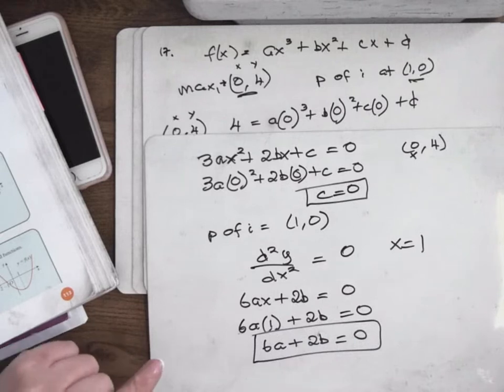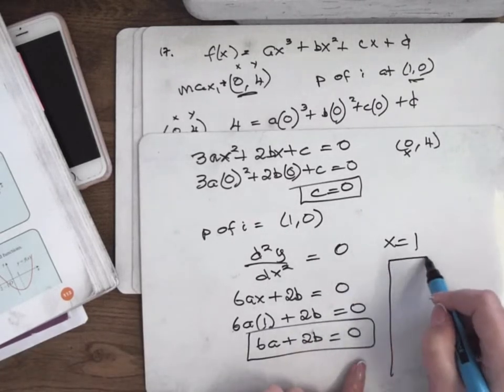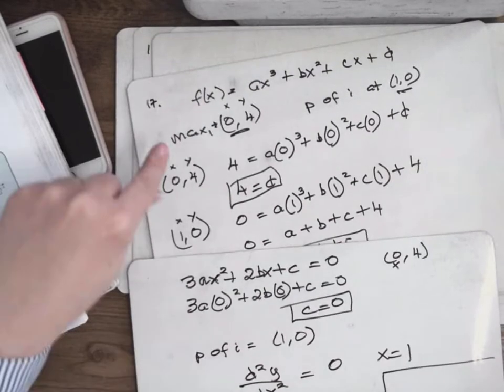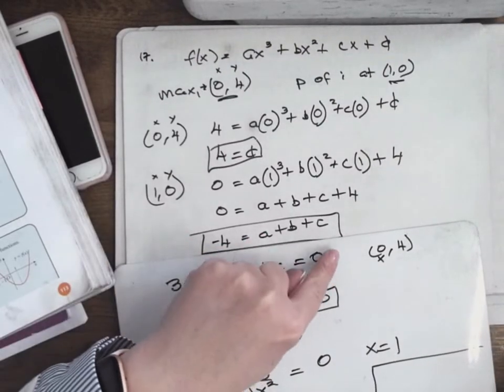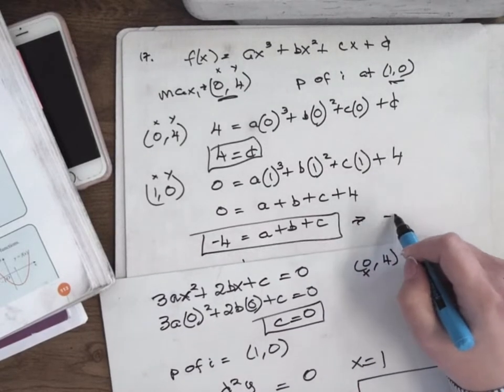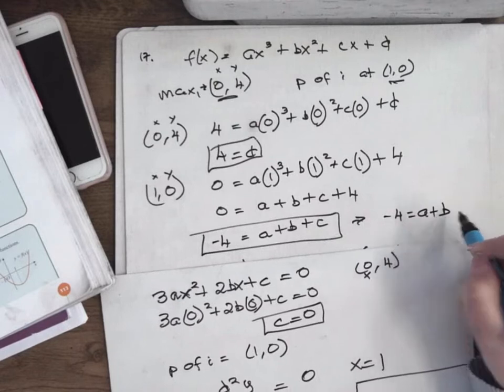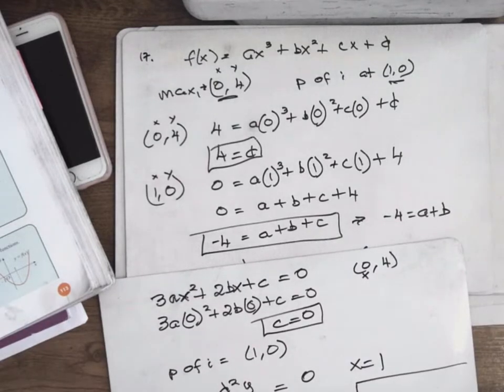There's a second equation in a and b. Are we good? Then I have an equation in a and b already. I have a plus b plus c, but I've just found out that c is 0, so I can change that to minus 4 equals a plus b. Agreed? Because I figured out c was 0 a few minutes ago.